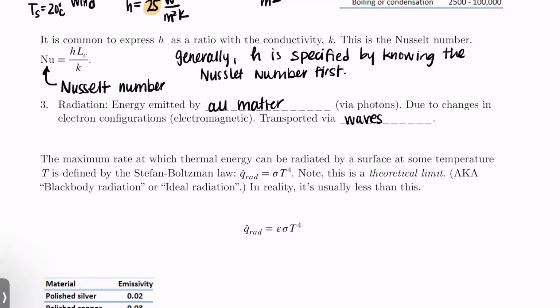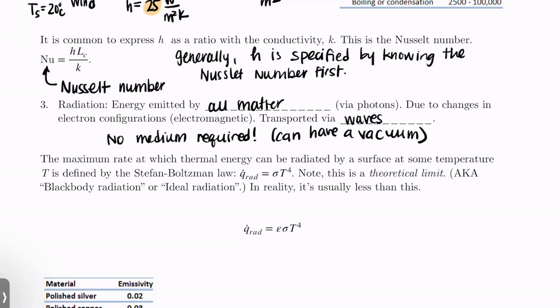There's no medium required for this type of heat transfer, which means that you can have a vacuum and still have this heat transfer taking place. So this is how heat transfer from the sun gets to us, for example.